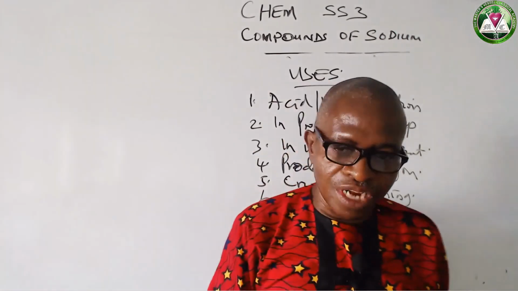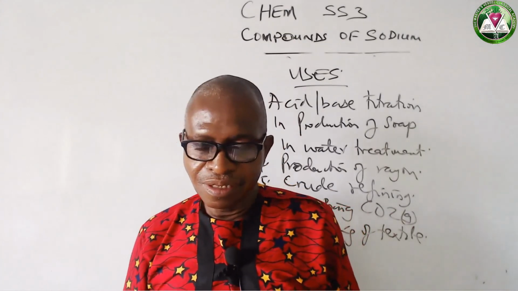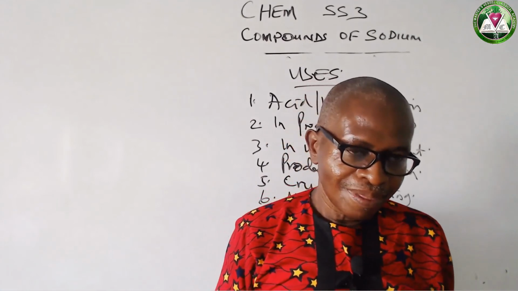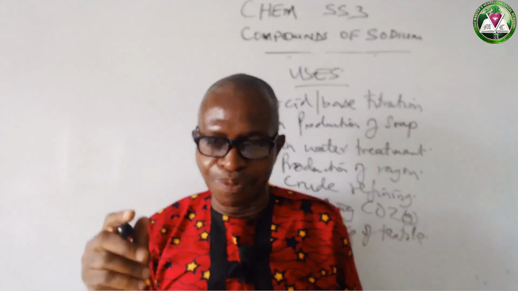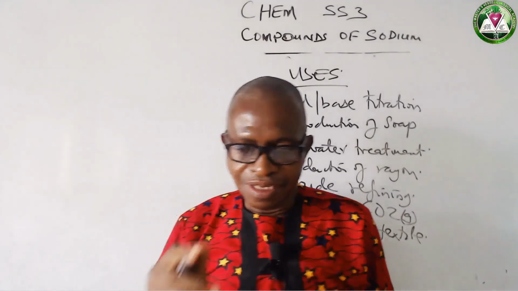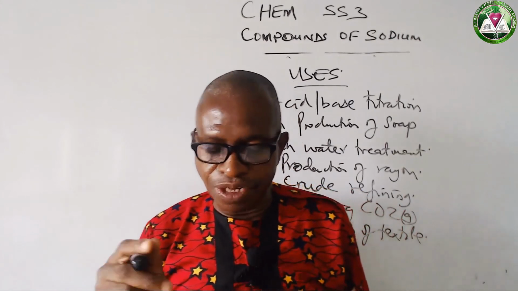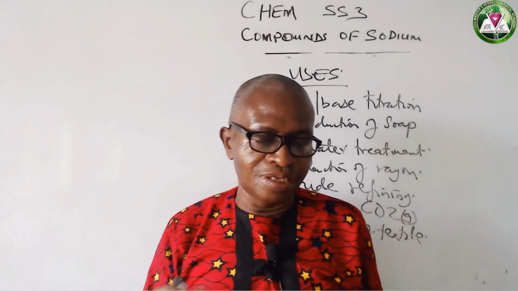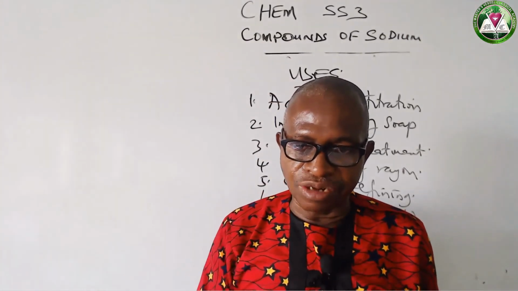What we did today is to look at compounds of sodium, and then we selected sodium hydroxide. We looked at how sodium hydroxide can be produced, the one that can be done in the lab and the one that can be done industrially. The two methods of production of sodium hydroxide are the Gossage process and electrolysis.